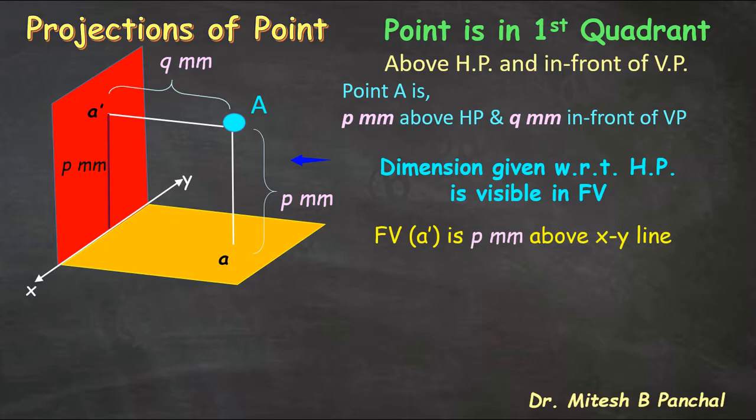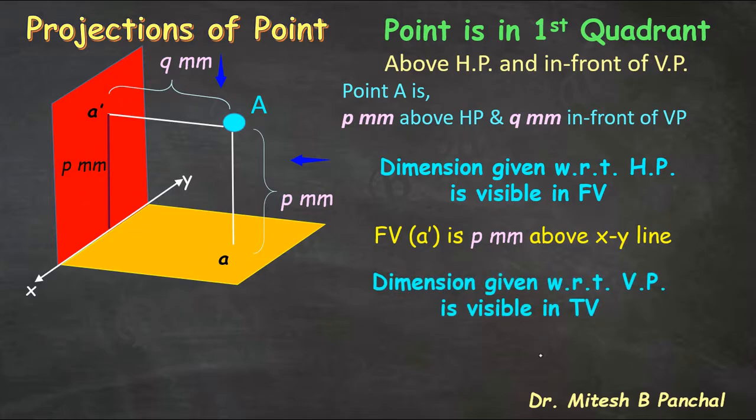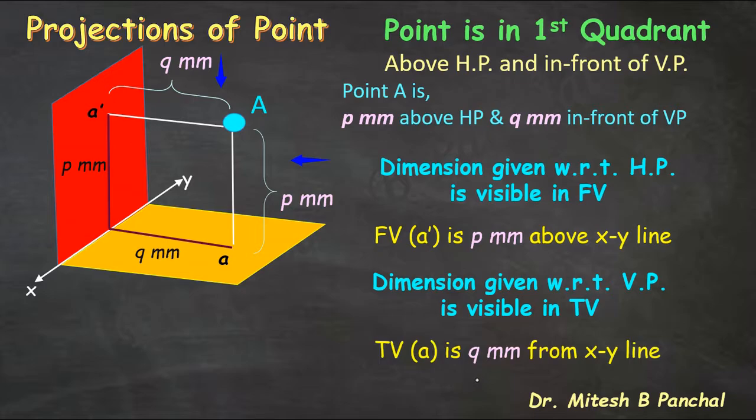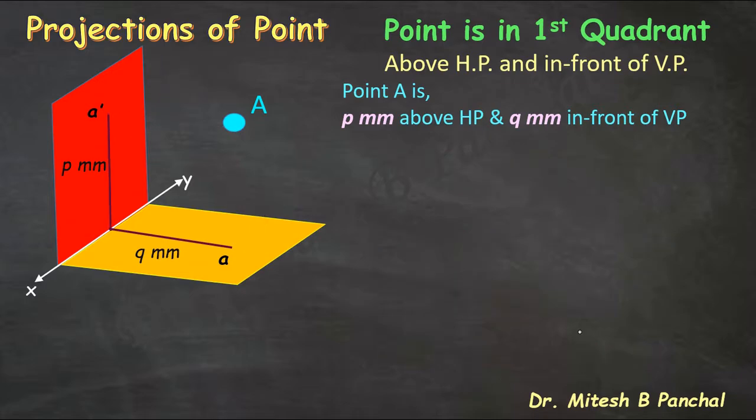Similarly, the dimension with respect to VP is visible in the top view. When you view the position of point A from the top direction, you will see the dimension Q. So the top view of point A, that is small a, is Q mm from the XY line.